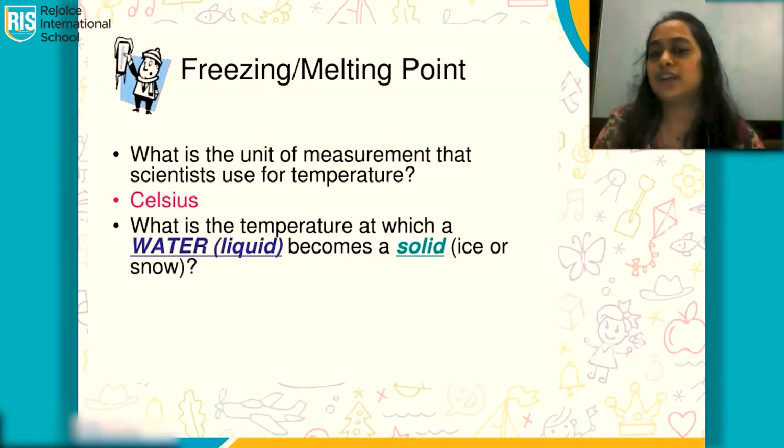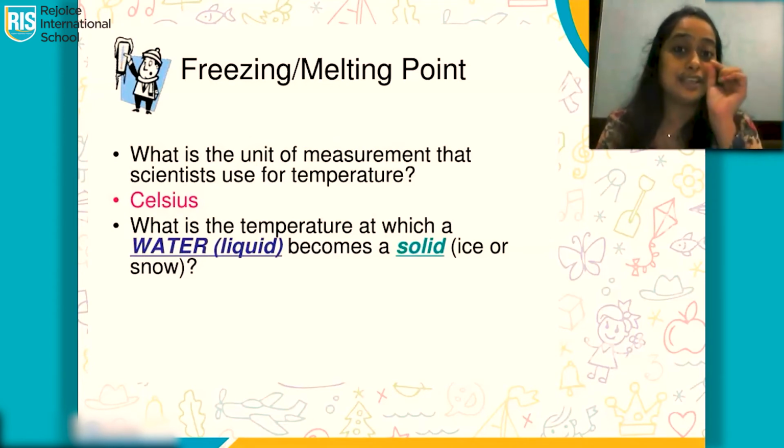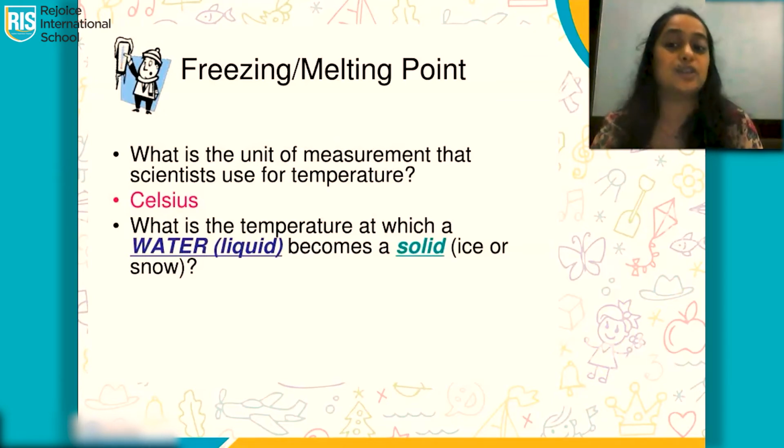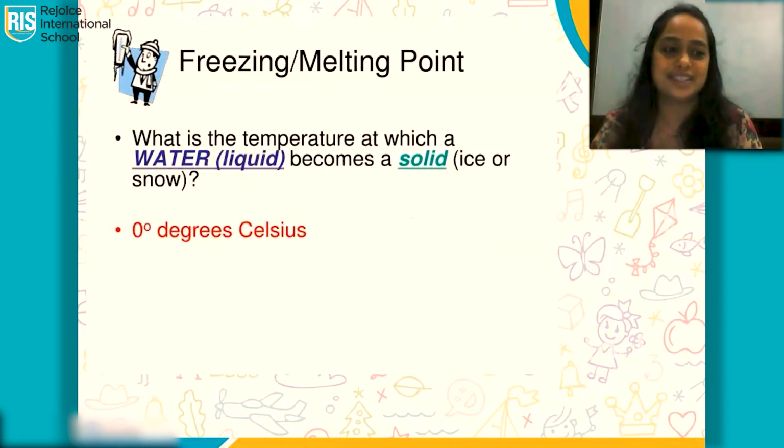What is the temperature at which water becomes solid? I told you that there is a freezing point, a particular temperature at which water becomes ice. So, what is that temperature? That is 0 degrees.